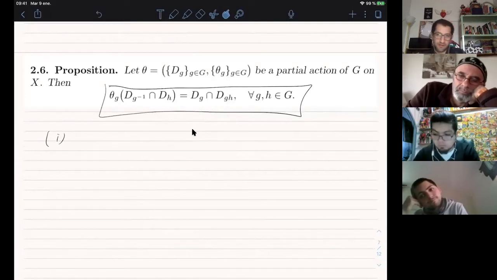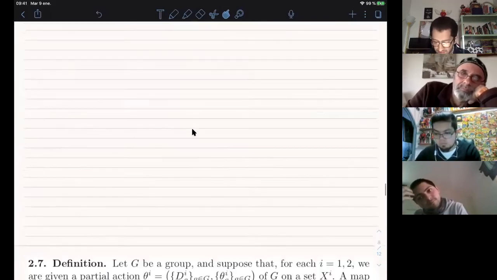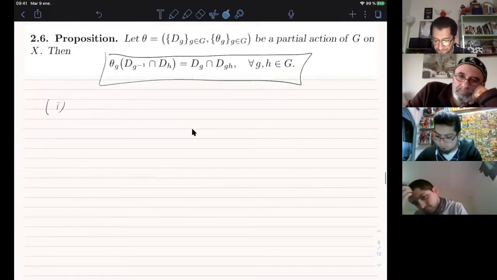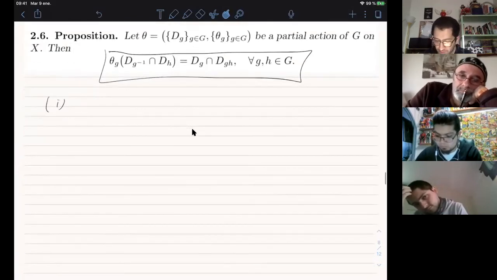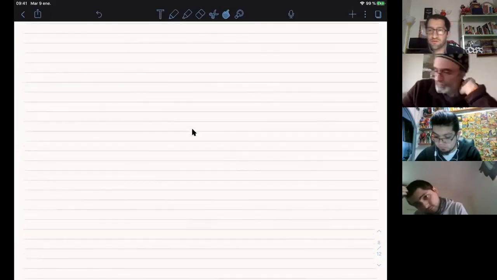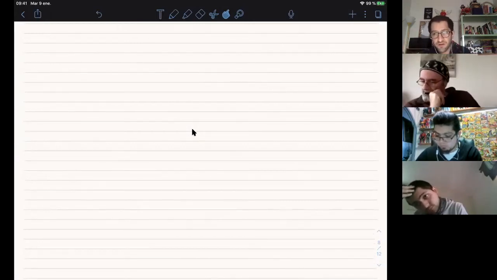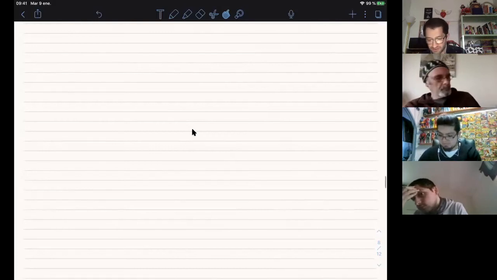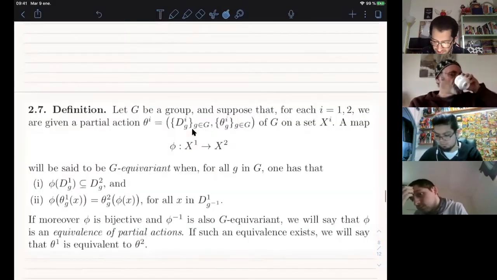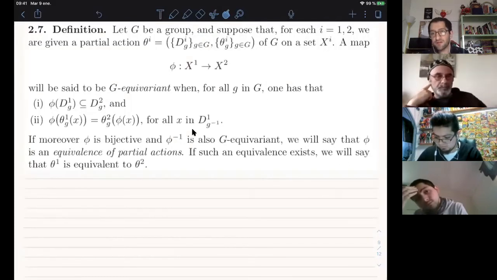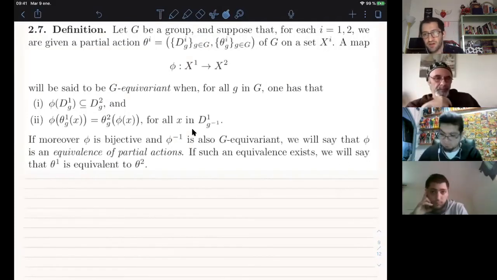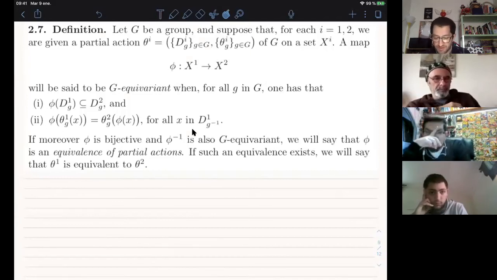But I want to move forward. When we learn about a new thing, we want to know if this thing looks like another thing. What I mean to say now is, what are the morphisms in this category? This is how we define the morphism between 2 partial actions.